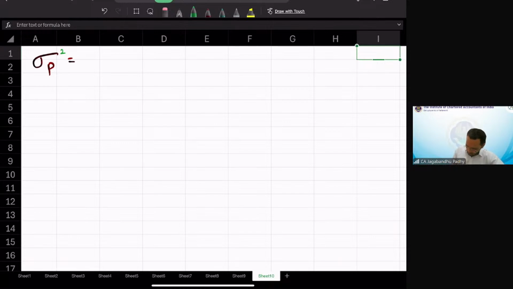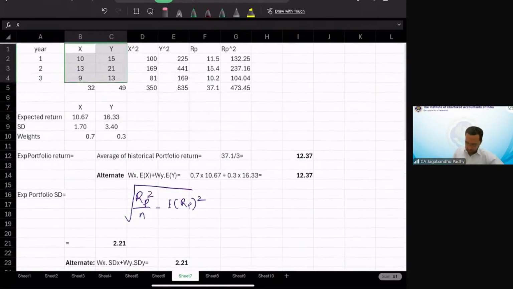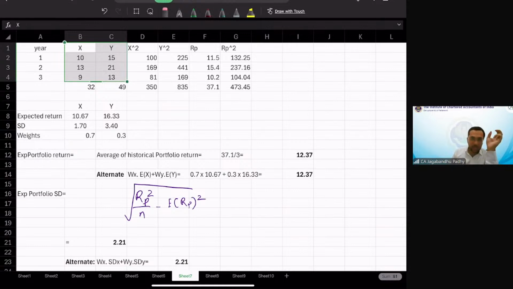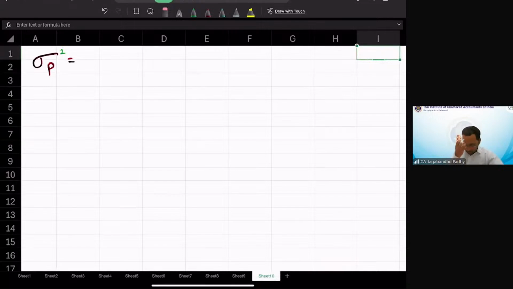So this is computed on similar lines: summation of return of portfolio square upon n minus expected return of portfolio square.